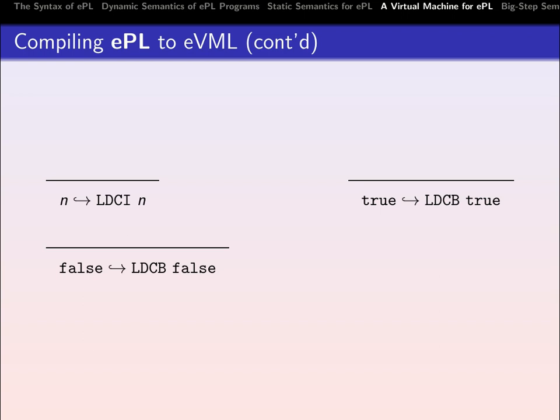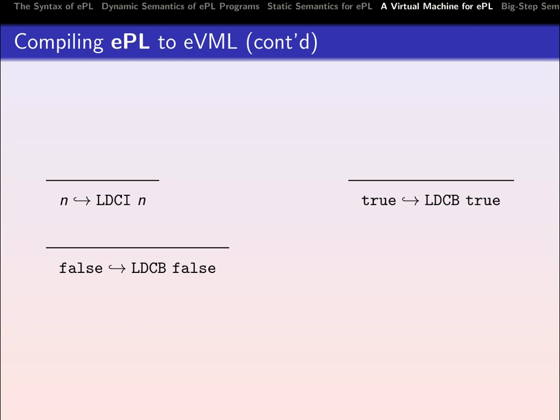So this is the left side, this is the right side. So I'm going to copy this LDCI 1, LDCI 2, and I'm going to put the plus. Is this clear?